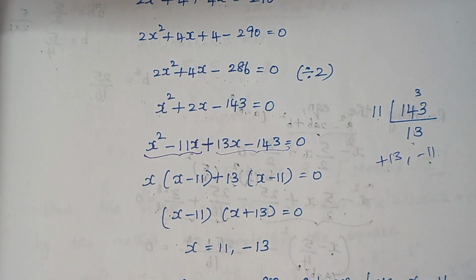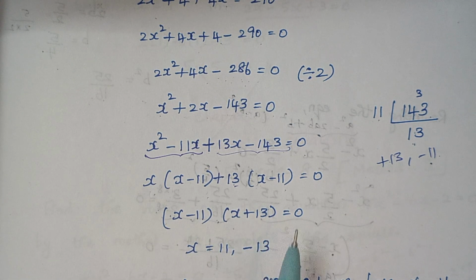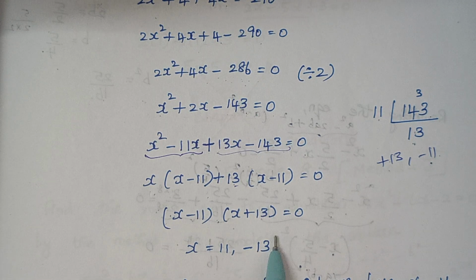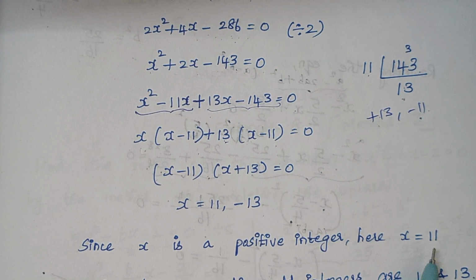Therefore, when you equate these individual terms to 0, we get x equal to 11 and x equal to minus 13. In the problem it is clearly mentioned that x is an odd positive integer. So we are rejecting minus 13 and selecting plus 11. Since x is a positive integer, the value of x is taken as 11.